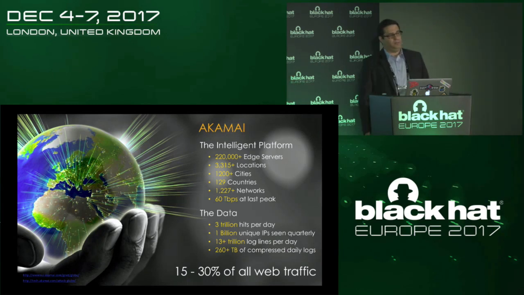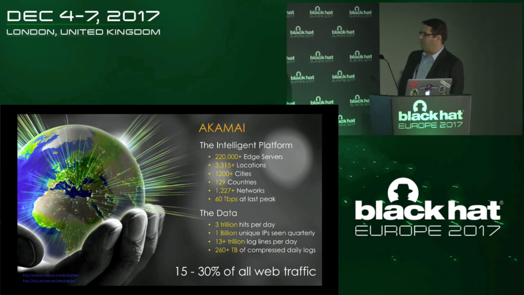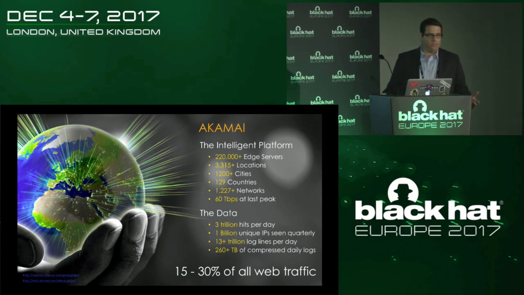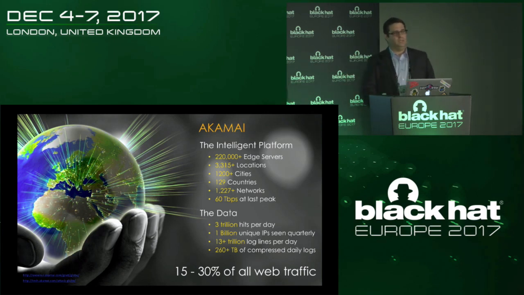We are essentially one hop away from 90% of the internet users. And we actually provide the content for some of the biggest hosts and websites in the world, and we estimate that we deliver about 15 to 30% of all the web traffic. So this is the platform that was used to gather this data. So I think it's a fair sample that would show what is going on in the real world.